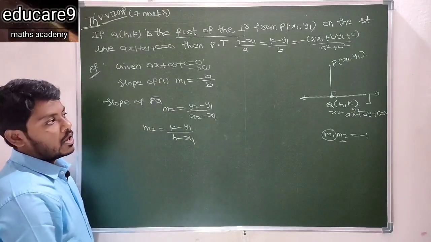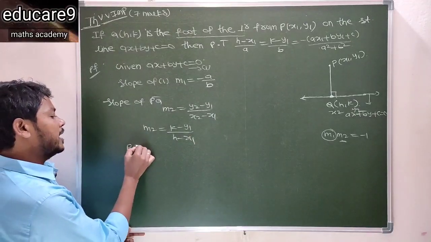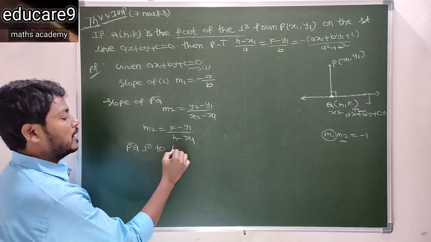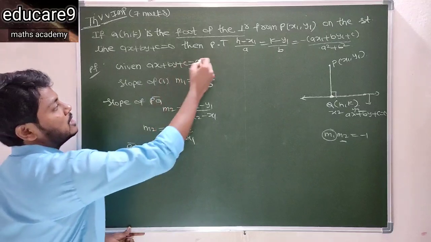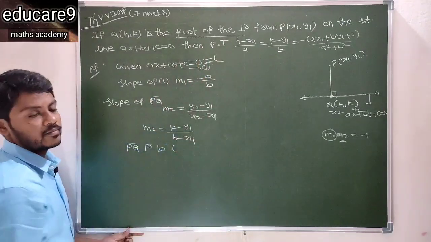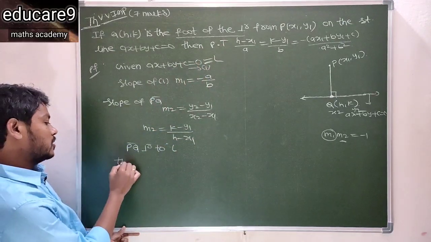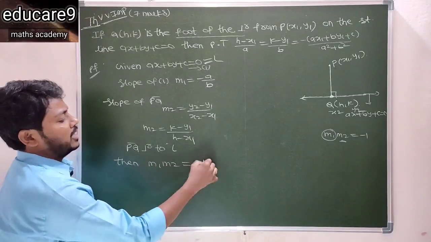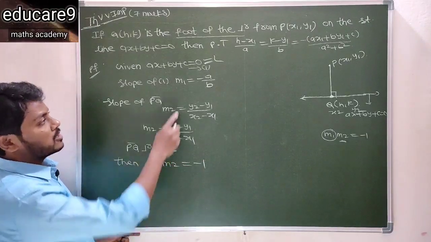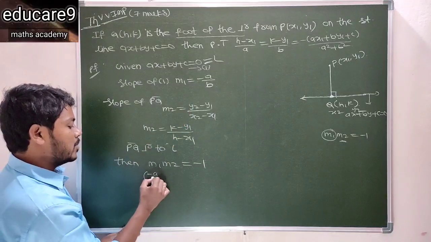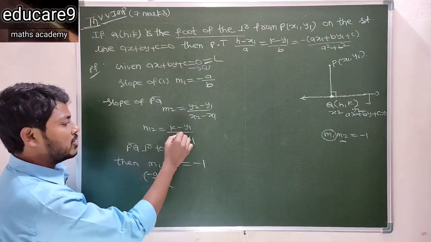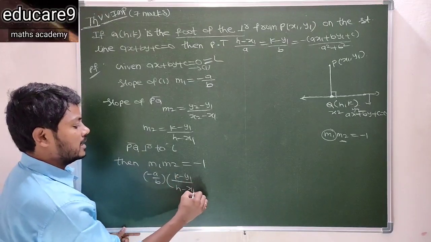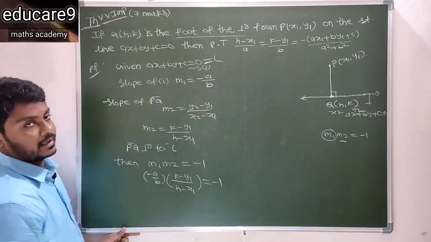Now here PQ line is perpendicular to line L. Then the product of the slopes m1 m2 equals minus 1. So m1 is minus a by b, and m2 is k minus y1 by h minus x1, equals minus 1.